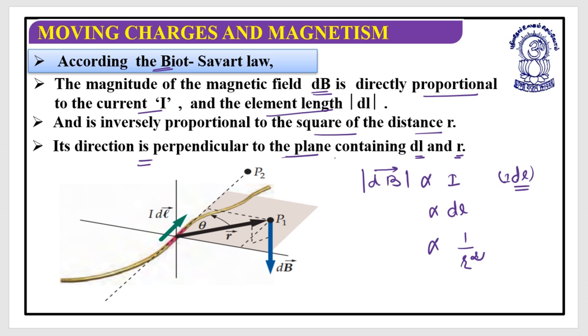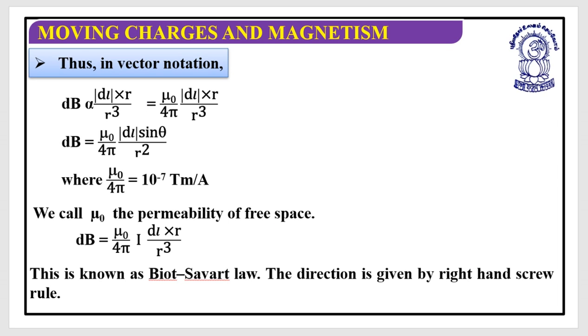So if I combine all these parameters in vector notation, I can write that dB is directly proportional to I dl cross r divided by r cube. I hope this is clear.